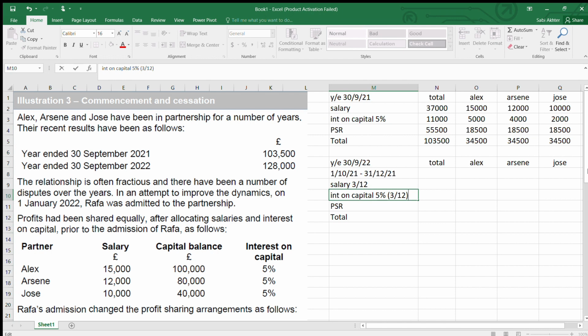So what is the salary here for Alex? 15,000. So here, equal to 15,000 into 3 divided by 12 for 3 months.